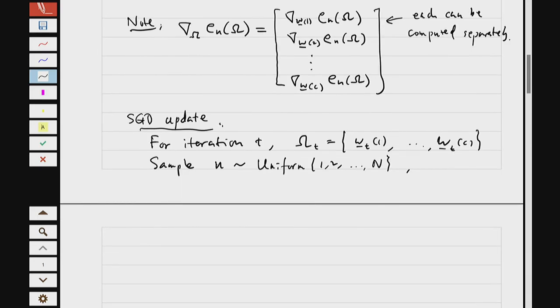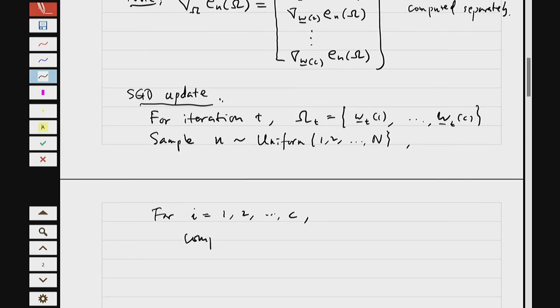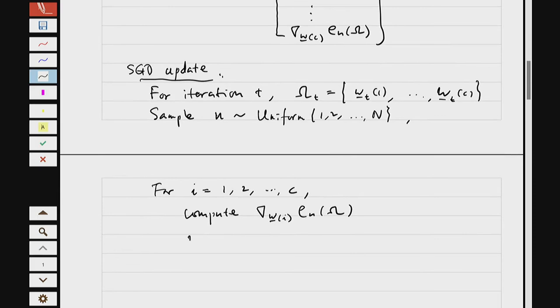Then for each one of these w's, 1 to C, you compute the gradient of E_n, and then you update: w_i at t plus 1 is equal to w_i at t minus the learning rate times the gradient with respect to w_i. That is good enough.